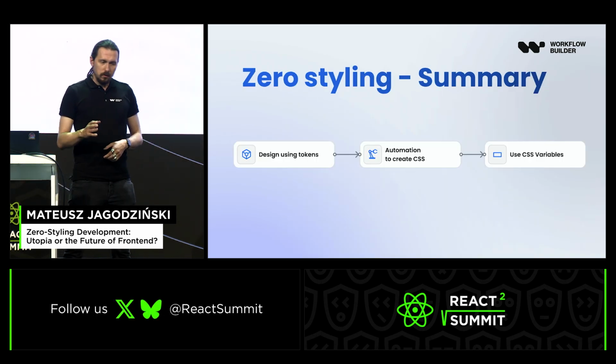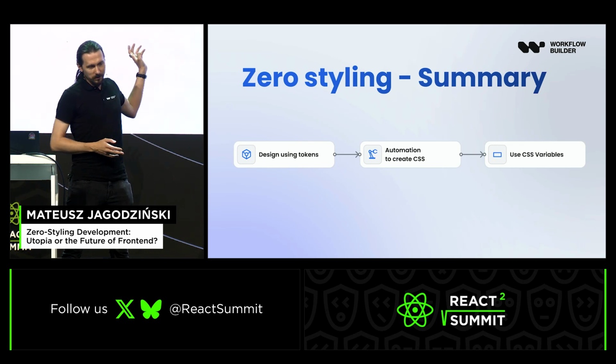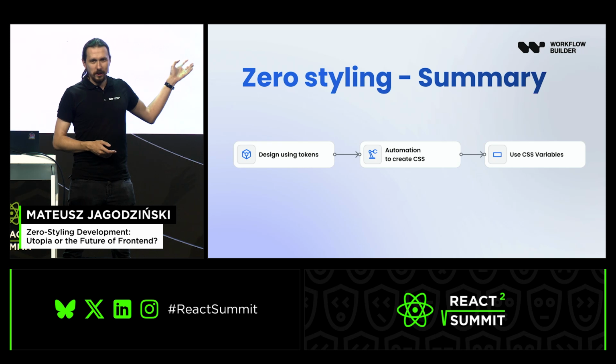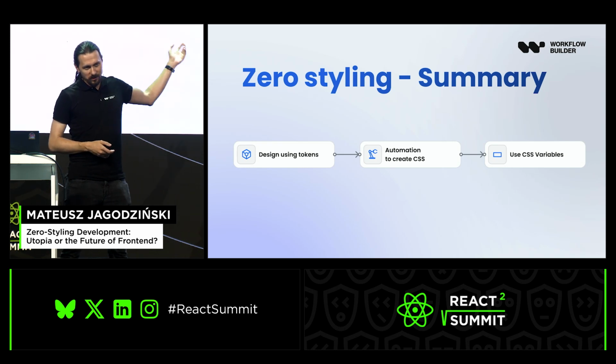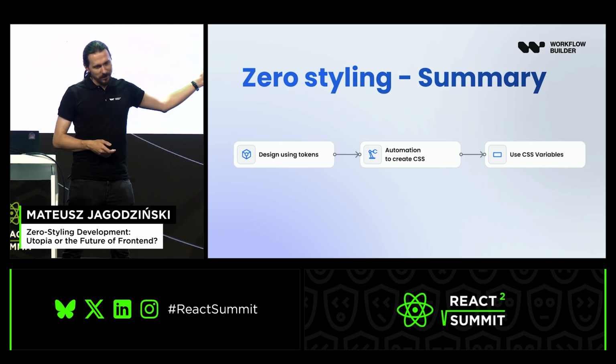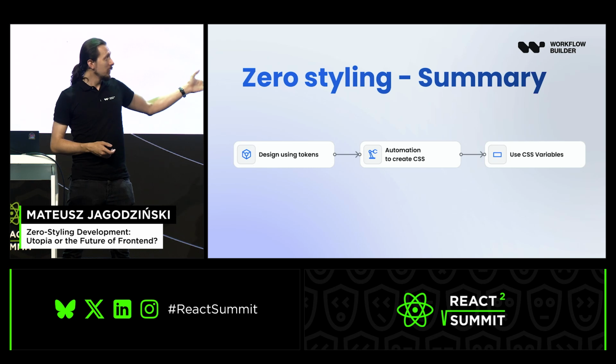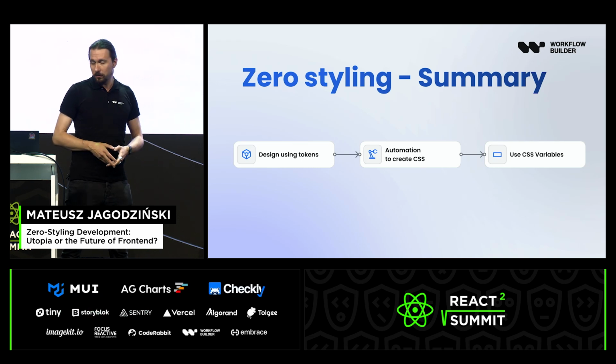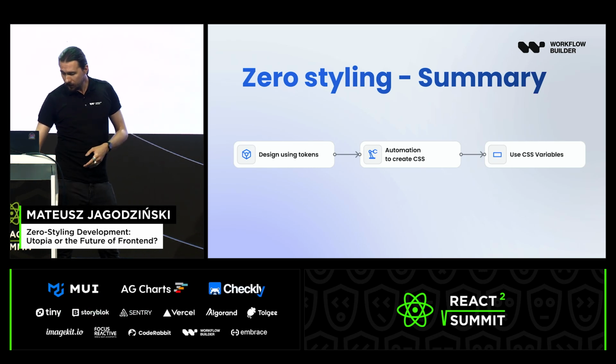So to sum this up, zero styling has 3 steps. First one is using the design tokens at the design phase. Another one is creating this automation that enables the designers to actually generate the CSS and update it into the code. And of course, when implementing, we always use those CSS variables.